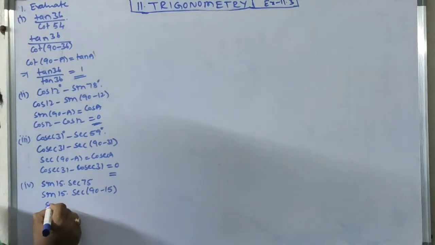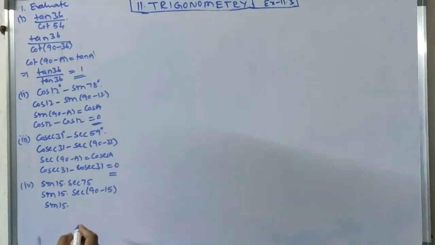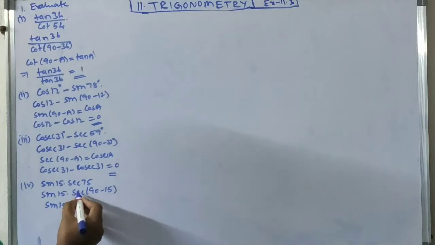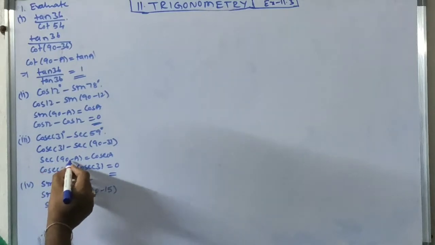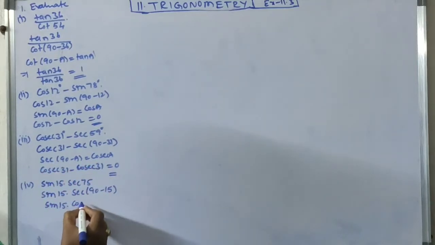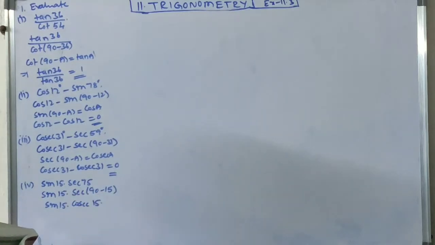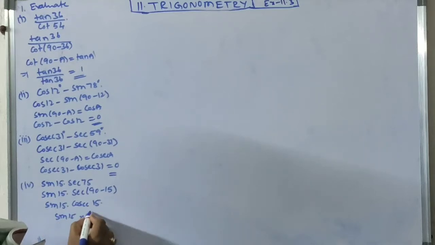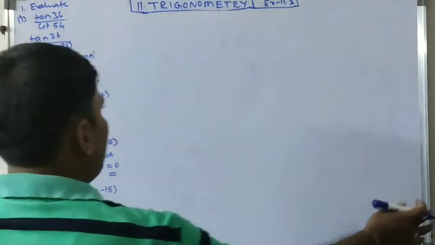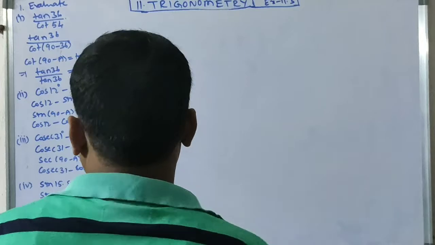Sec of 90 minus A is cosec A, so sin 15 into cosec 15. Cosec is the reciprocal of sin, so sin 15 into 1 by sin 15. Sin 15 cancels, we will get 1. Okay, next one.